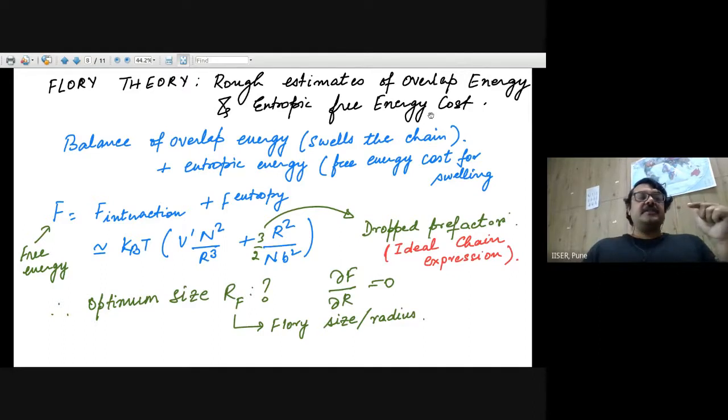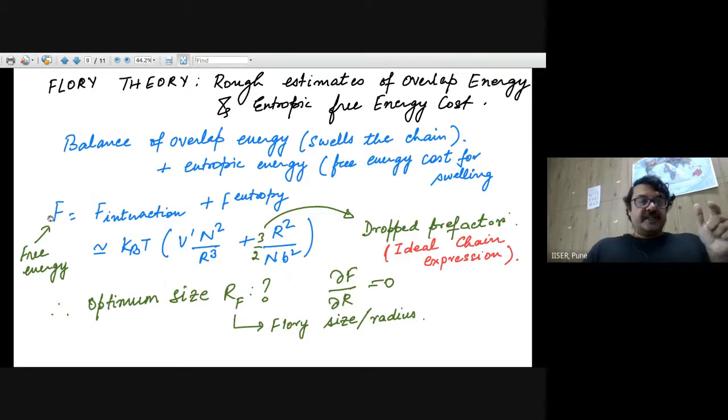The Flory theory tries to balance the overlap energy, which tends to swell the chain, and the entropic energy, which penalizes a polymer conformation which is more swelled, right? A balance of that will give you an estimate of the size of the polymer chain when you have incorporated the energy for overlap.